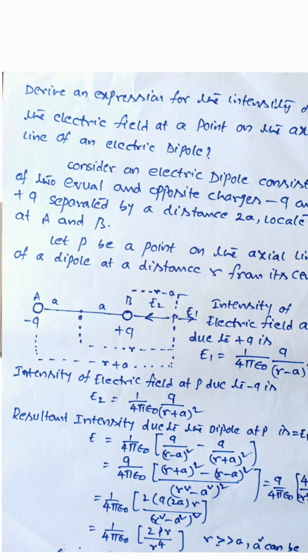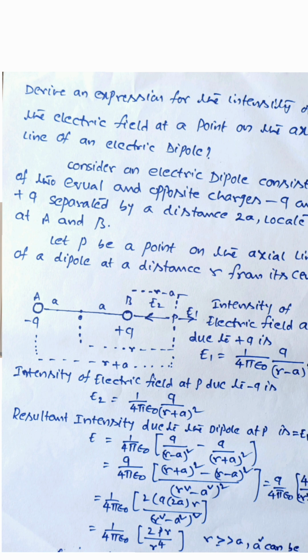Let P be a point on the axial line of a dipole at a distance r units from its center. Then the distance of P from B is r minus a, and the distance of A from P is r plus a.